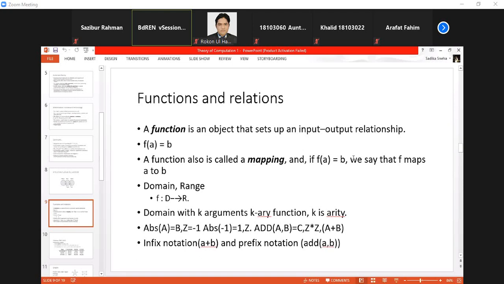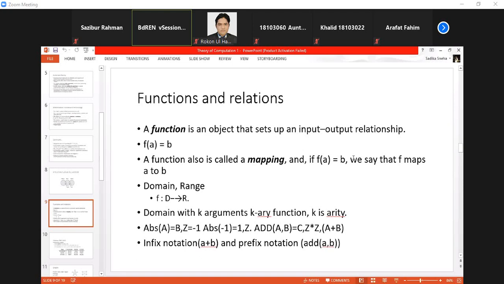Now, there is one more thing. A function with k arguments is known as k-ary function. What is this k argument? K arguments means there are k possible inputs in the domain, k possible formats of inputs, not k inputs.